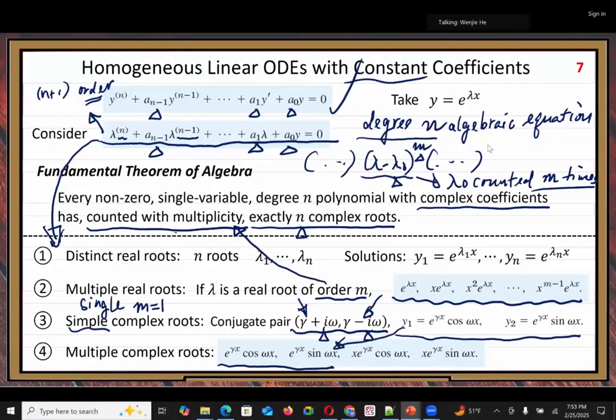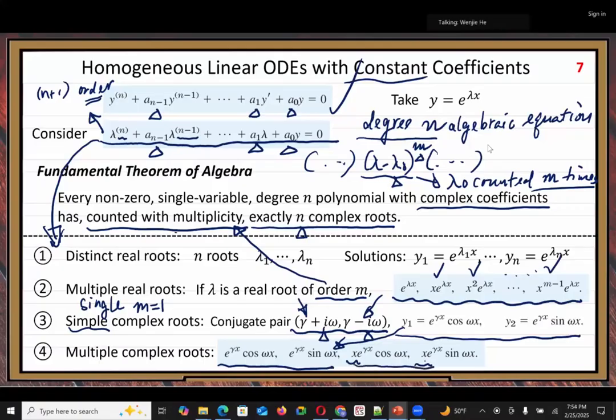But after that, we need to multiply by x. If you have multiplicity 3, you need to multiply by x squared. Multiplicity 4, you need to multiply by x cubed, one by one. The first time you multiply x, the second time x squared, and so on. For multiplicity m, the last one you need to multiply by x to the m minus 1.